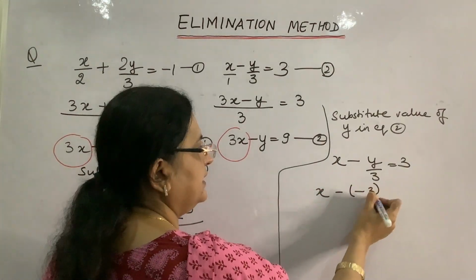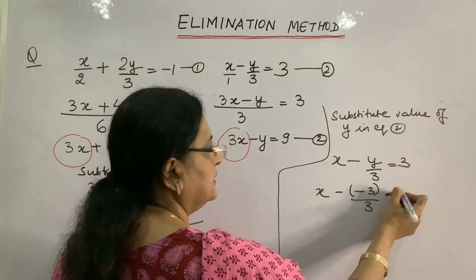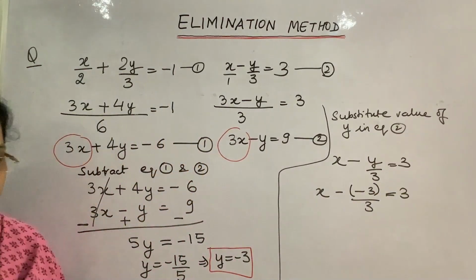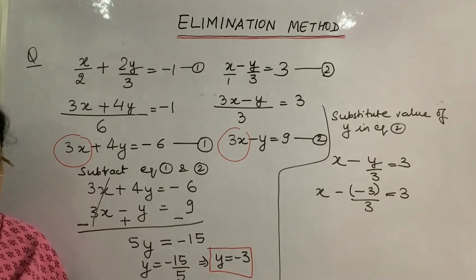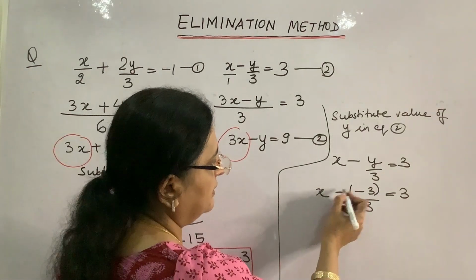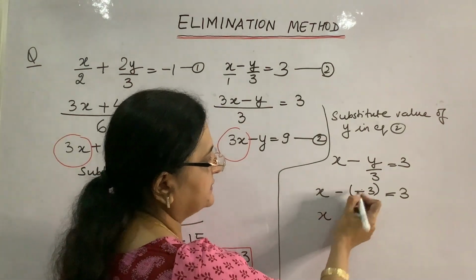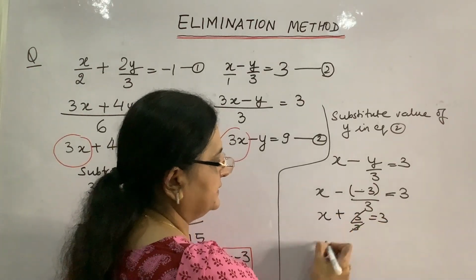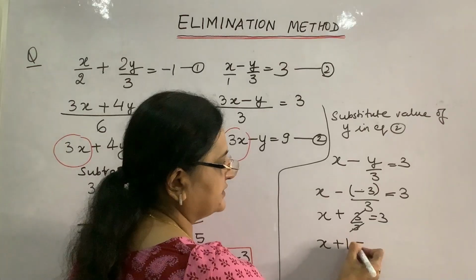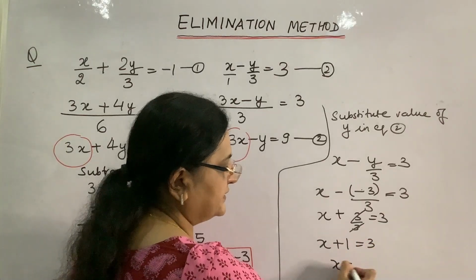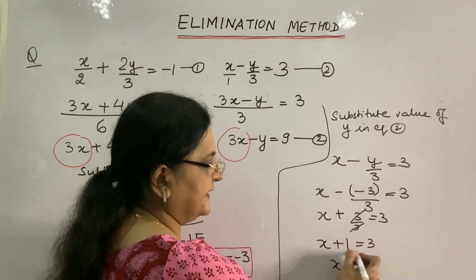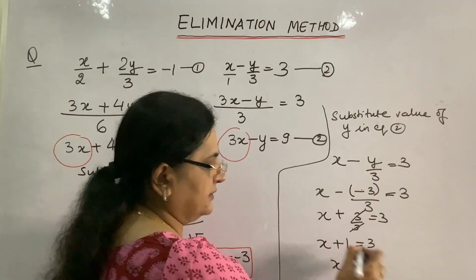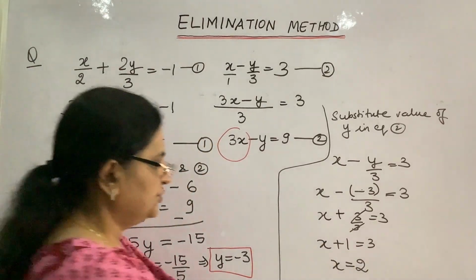Minus 3 upon 3 is equal to 3. Then operate. So x plus 3 upon 3 is equal to 3. Cancel this. So this becomes x plus 1 is equal to 3, or x is equal to, transpose it to the other side, 3 minus 1. So x is equal to 2.